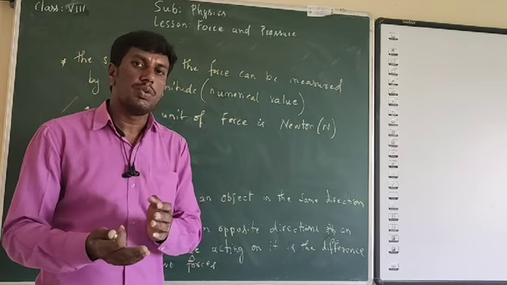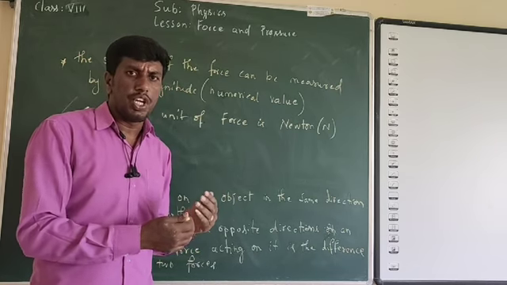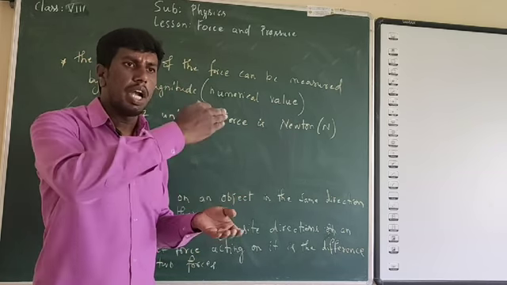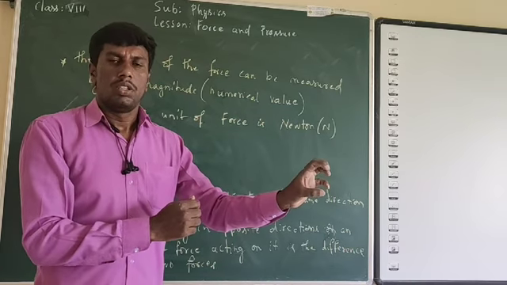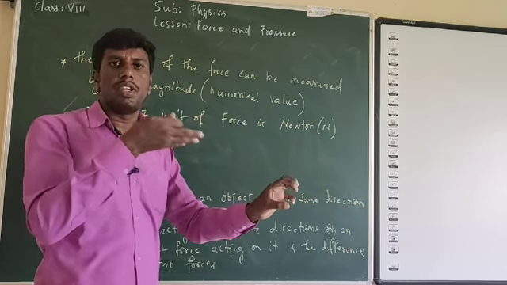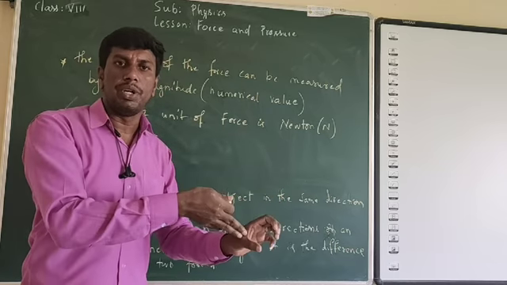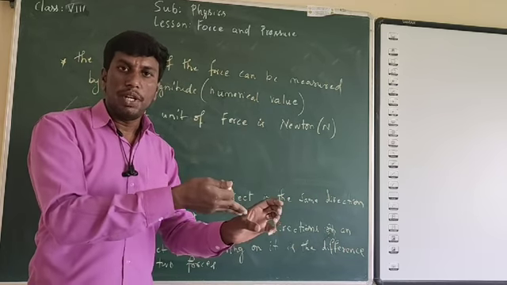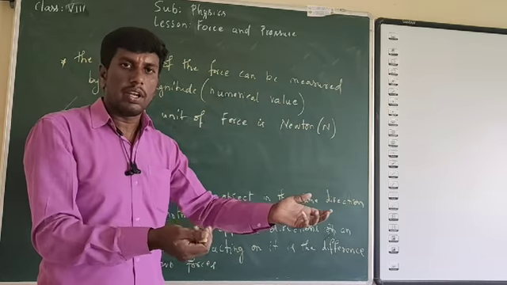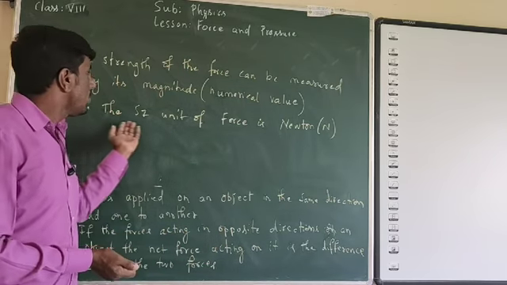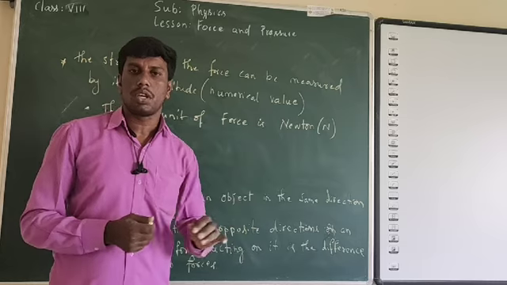If you change the SI unit, the whole meaning changes. There will be a difference between 500 meter and 500 kilometer, right? If I write meter, it is different. If I write kilometer, then that is totally different. Therefore, the SI unit is very, very important for any physical quantity.